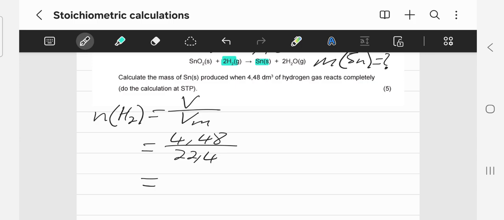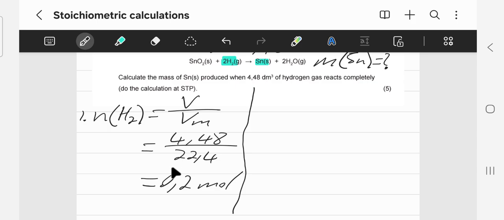Let's see, if I say 4,48 divided by 22,4, the answer I'm getting is 0,2 moles. Remember to always write your units guys. So this is step number 1, right? I found the number of moles of hydrogen.